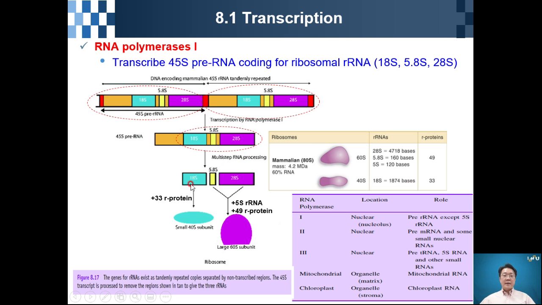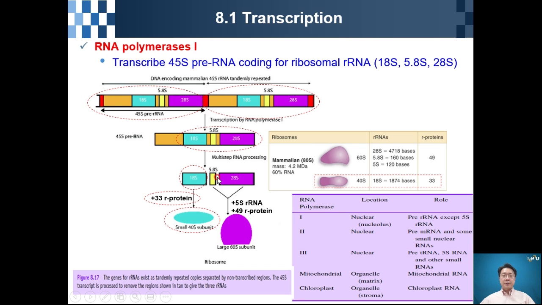Finally, they will make the 18S rRNA, 5.8S rRNA and 28S rRNA. Especially the 18S rRNA is combined with 33 ribosomal proteins. After that, they make the small 40S subunit, like this.